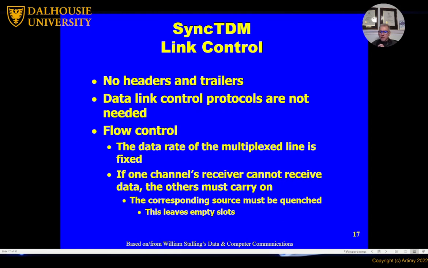So the multiplexer takes the data, passes it through a time slot or frequency slot, and passes it to the other side. The nodes themselves don't see this. They see it as just one link, just as if they are talking point to point to the other side.